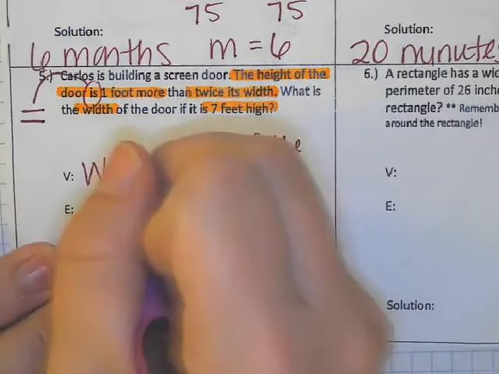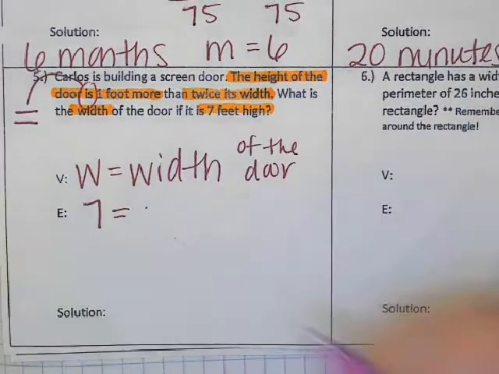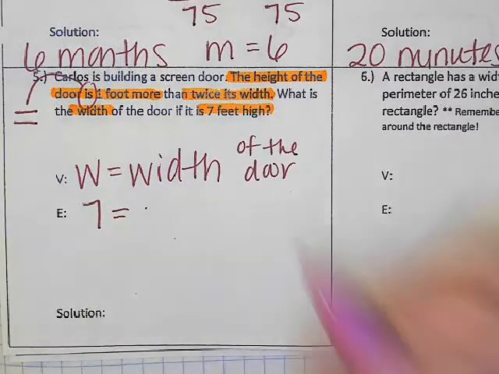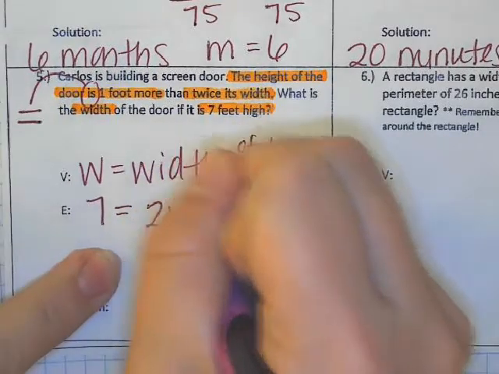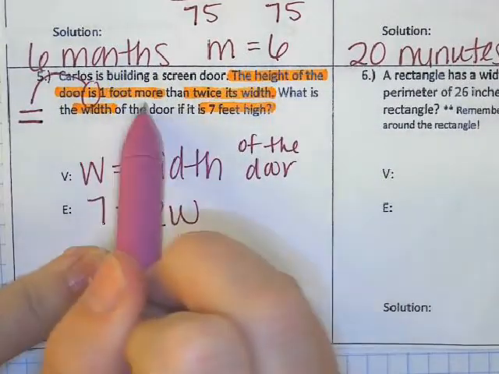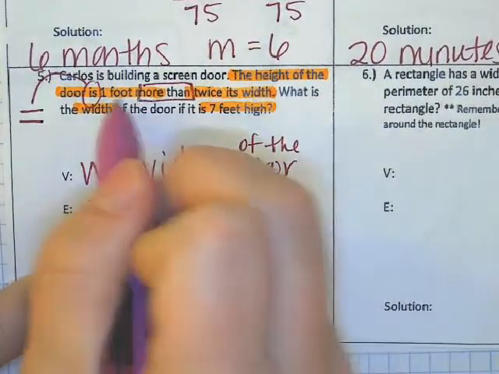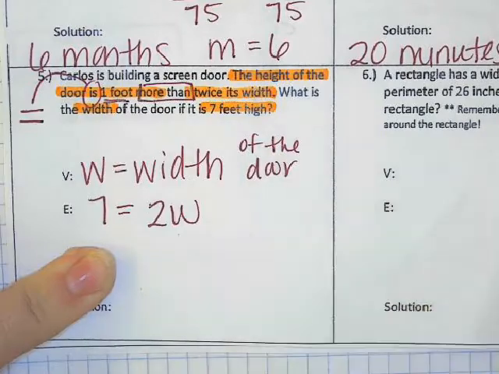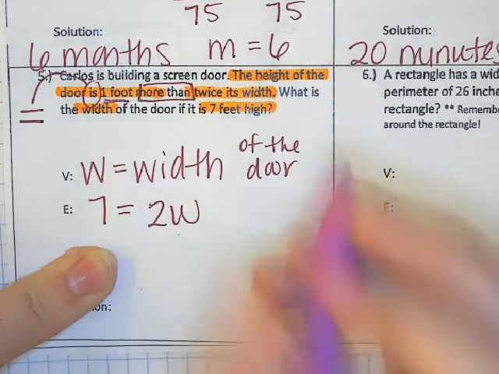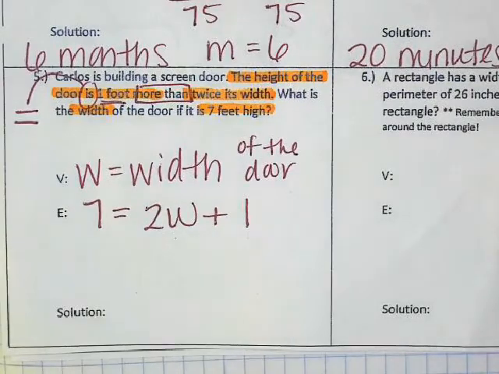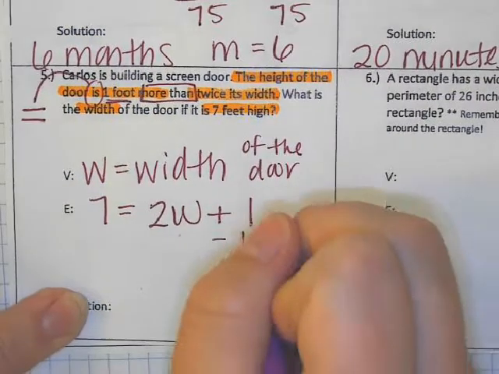7 is my total. 7 equals, I want to say twice the width, so 2 times the width, and it's 1 foot more than. Remember, more than tells this 1 foot to go to the end. So twice the width, and it's 1 more foot than that. Again, we're going to have to solve. I'm going to subtract 1 from each side.